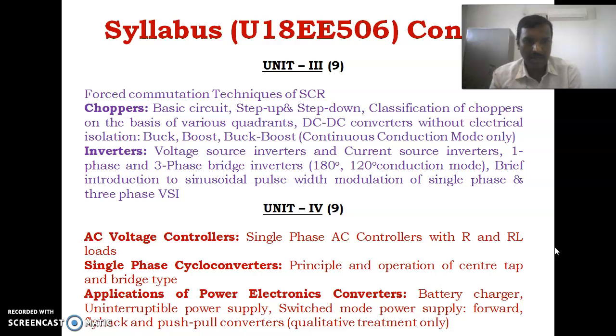The final topic in unit 4 is the application of power electronics converters in industrial applications: battery charger, uninterruptible power supply, and switch mode power supply. In the switch mode power supply, there are 3 flavors: the forward, flyback, and push-pull converters.